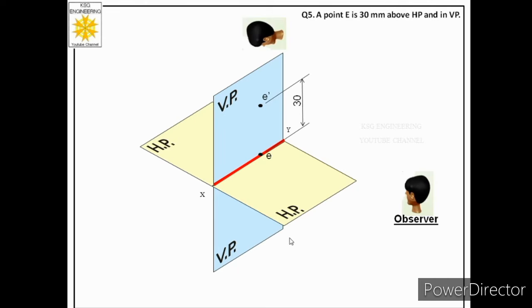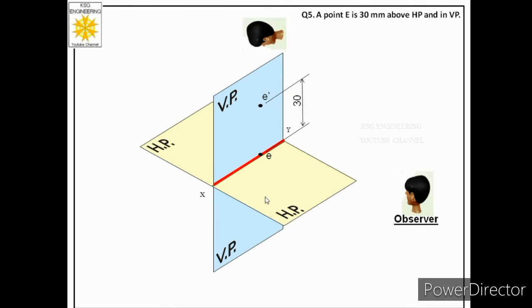Now let us understand what we will do next to obtain the solution. In this case we have to understand a very important point, that the point is in VP. If the point is in VP, then we are not concerned about HP because HP has no role in deciding the views of the point. We have seen that if the point is in VP, then the front view will lie on VP, meaning the point itself is its front view, and its top view will lie on the reference line.